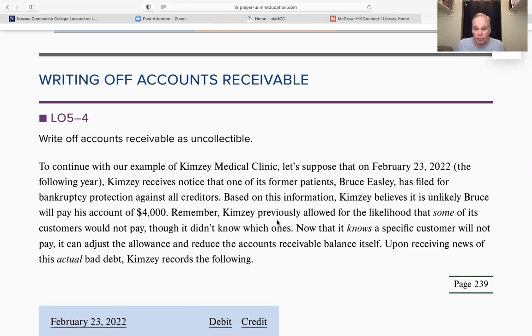Writing off an accounts receivable. Now, what does that mean? When you write off an accounts receivable, it means you've given up on collecting it. Now, you don't give up right away, as a rule. In other words, if somebody owes you money, you do everything you can to collect it, right?